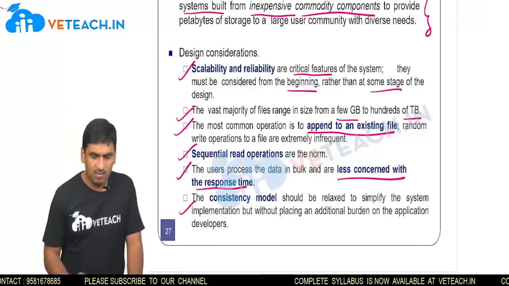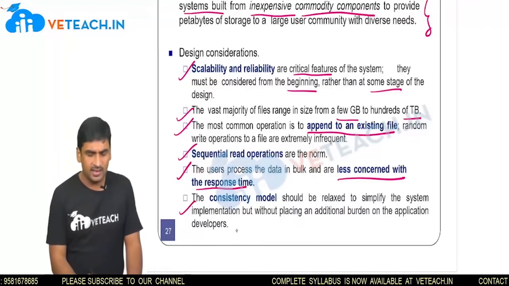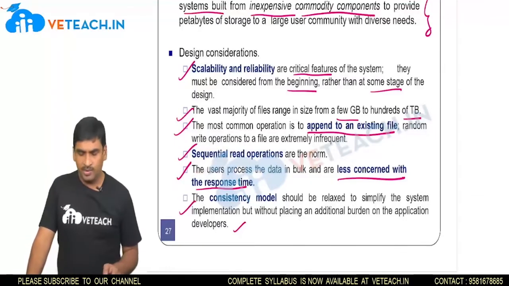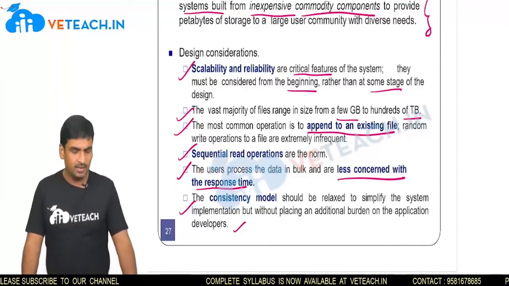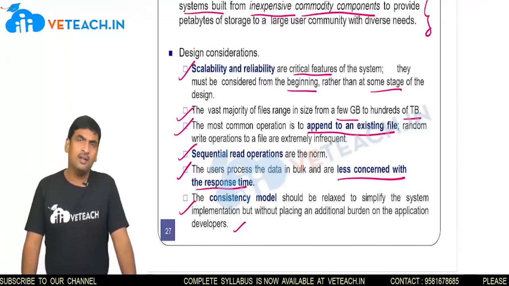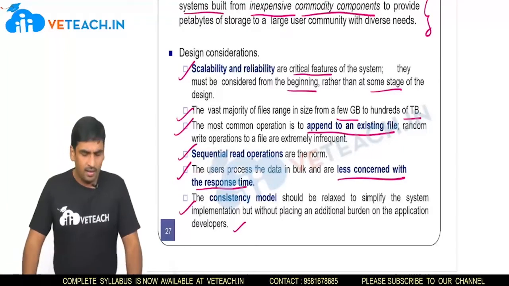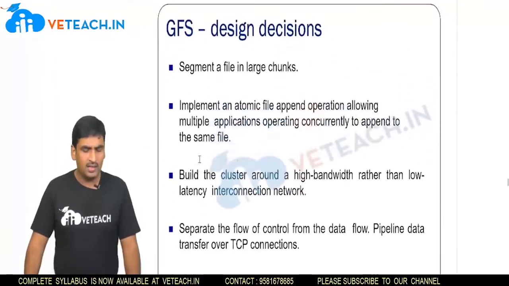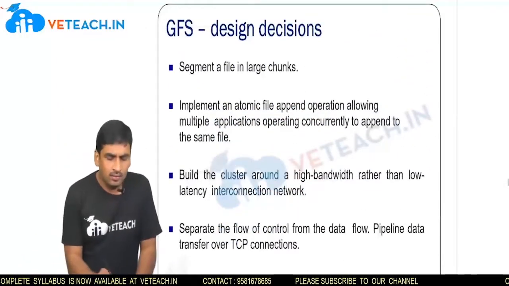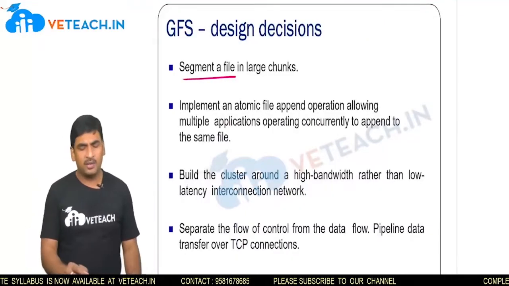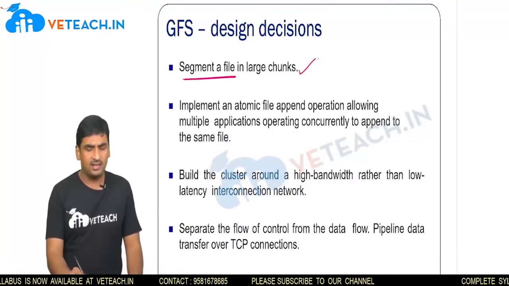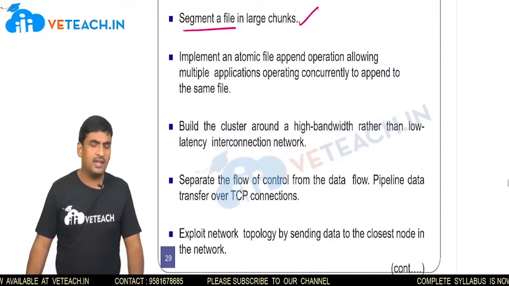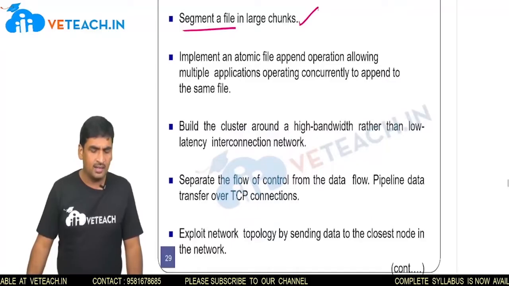The consistency model should be relaxed to simplify the system implementation, but no additional burden should be placed on the application developers. So the model has to be consistent, but the application developers should not be overburdened. In addition to this, the design decisions taken here are that files have to be divided into large chunks.